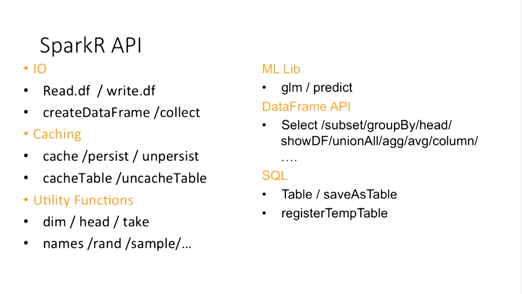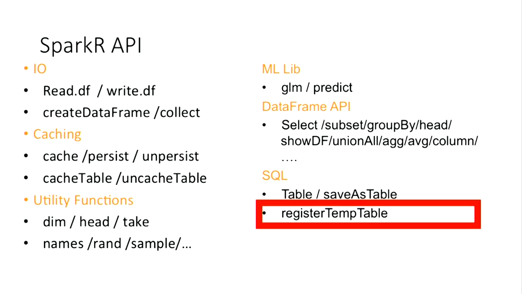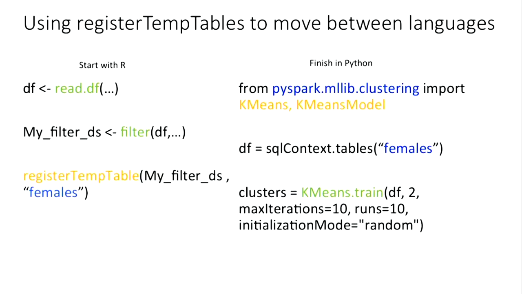It's on the roadmap, but that shouldn't make you scared to get into SparkR because of this thing called register temp table. What this will do, and this works the same across all of Spark, is you can start out with Spark with R, and you can do your big aggregations. You're familiar with R, so you just want to start cutting up your big data sets and get what you need.